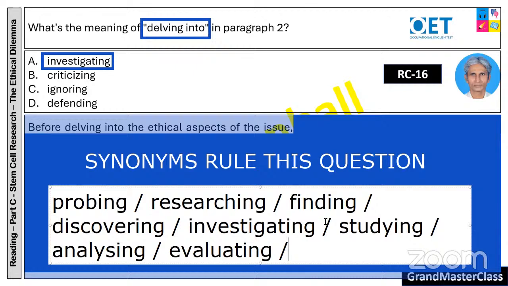Before probing, before researching, before finding, before discovering, before investigating, before studying, before analyzing, before evaluating.